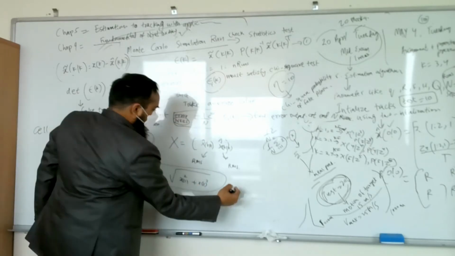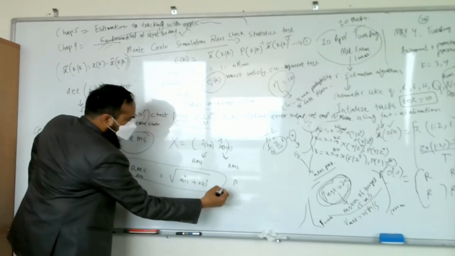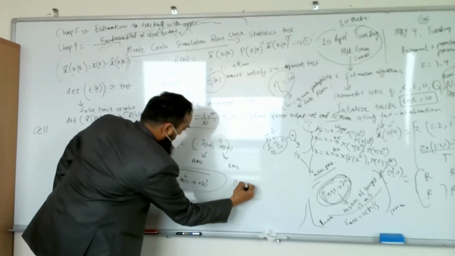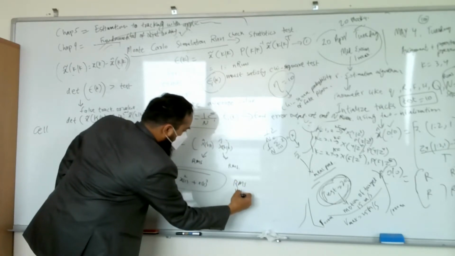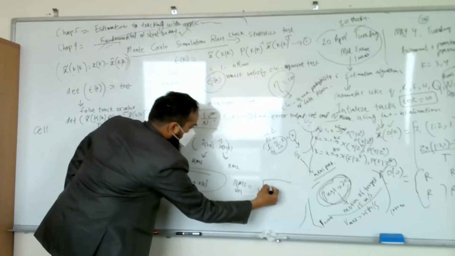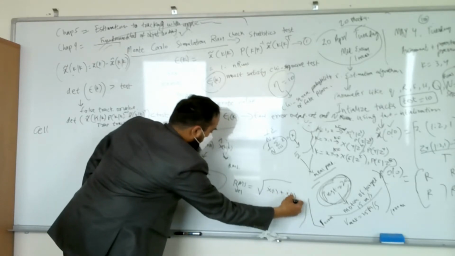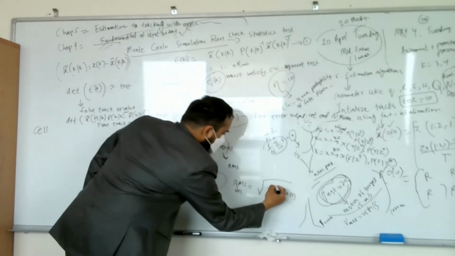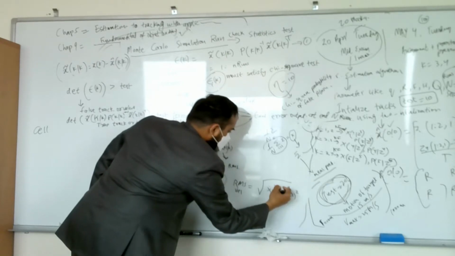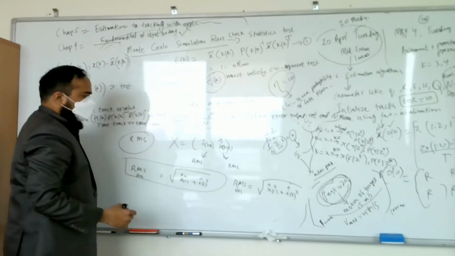Similarly, you can use this for position and this for the velocity. Suppose x dot 1, 2 squared.